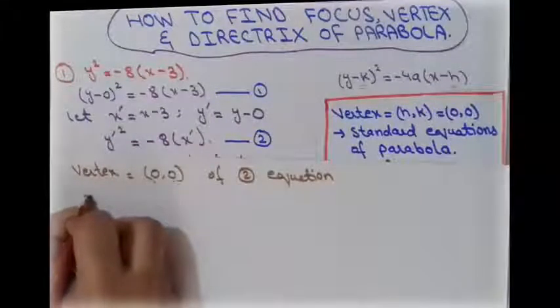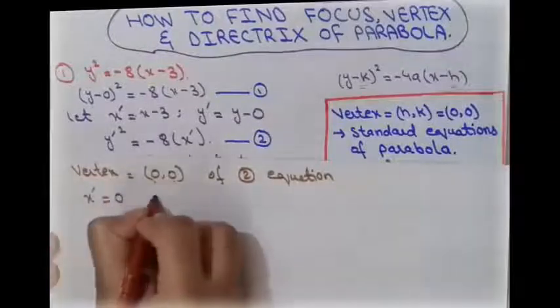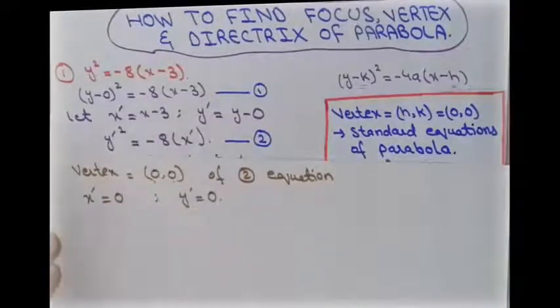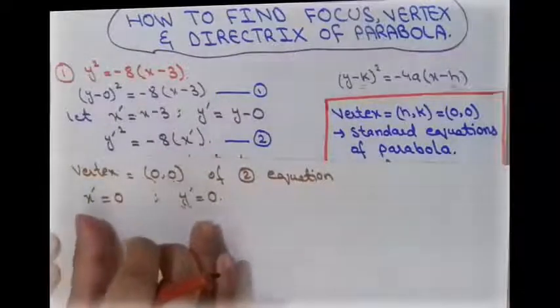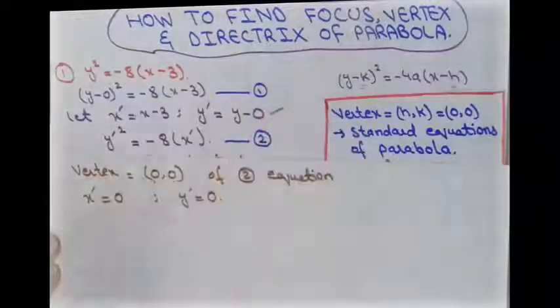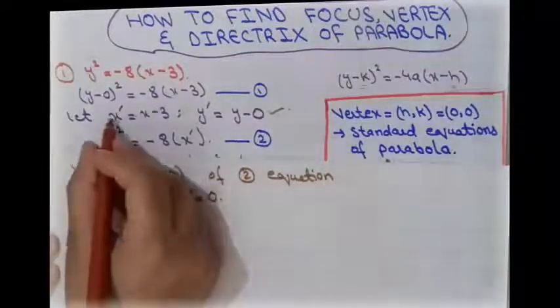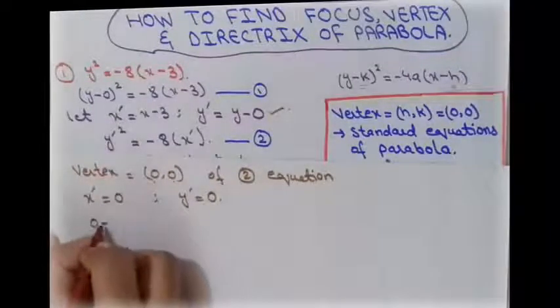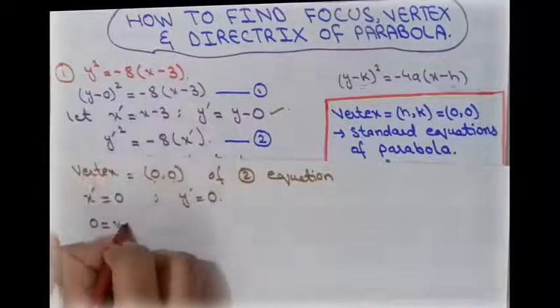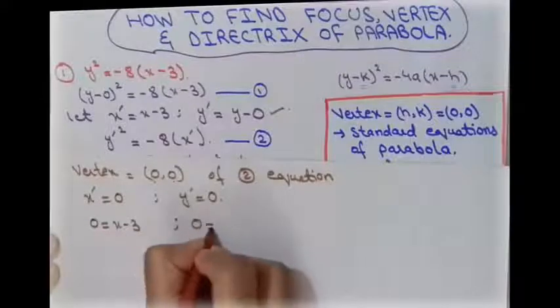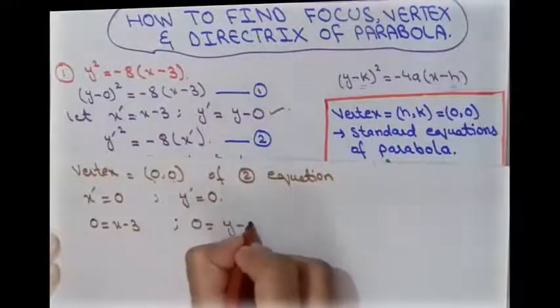So here the value of x dash is 0 and y dash is also 0. In the next step we put the values of x dash and y dash in these two equations. So x dash is 0, which equals x minus 3, and y dash is 0, which equals y minus 0.